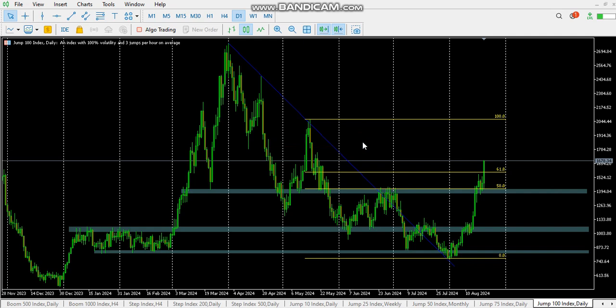So using the trend line, the support and resistance, or the supply and demand zone, and using your Fibonacci, all these things, whenever they combine together to give you a confluence, those places are places that you should not take lightly whenever you analyze the market and you want to take an entry on a trade.